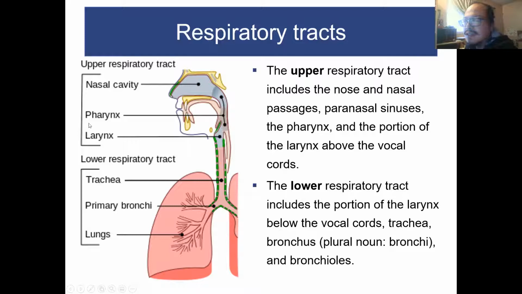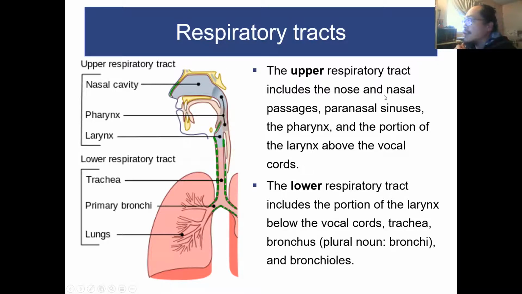The way I think about it is this: larynx is the place to make sound. So la la la la la, right? So larynx makes more sense to me. Here we have the vocal cord. Vocal cords are the border that separates the upper and the lower respiratory tract.